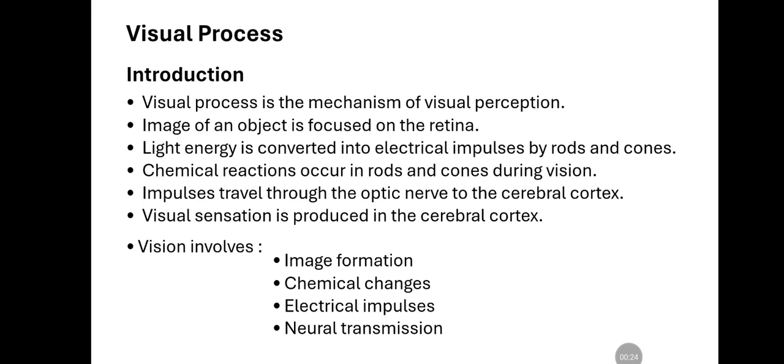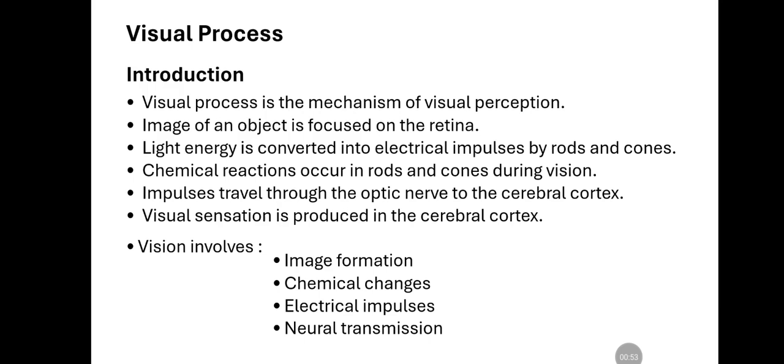Visual process is the mechanism of visual perception, with precision. Image of an object is focused on the retina. Light energy is converted into electrical impulse by rods and cones.